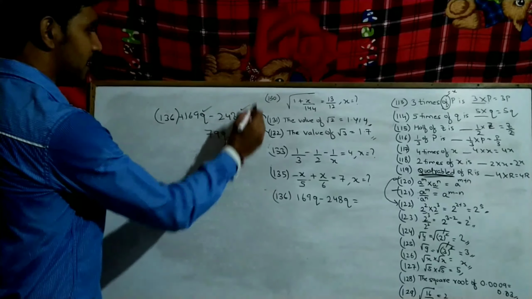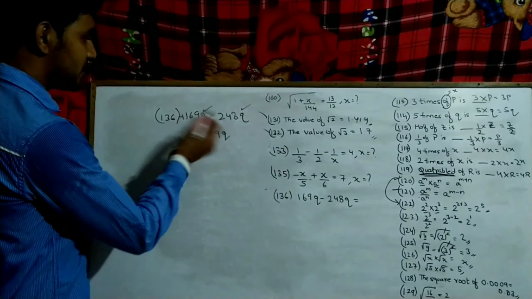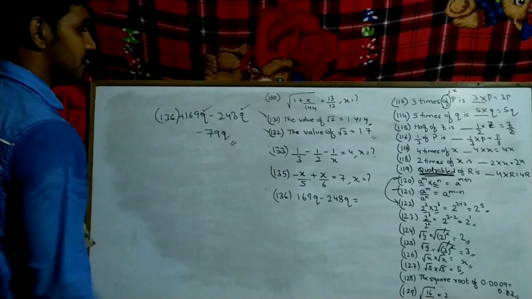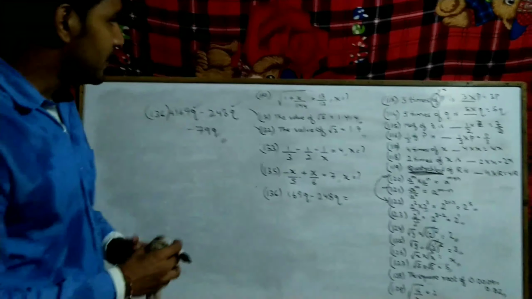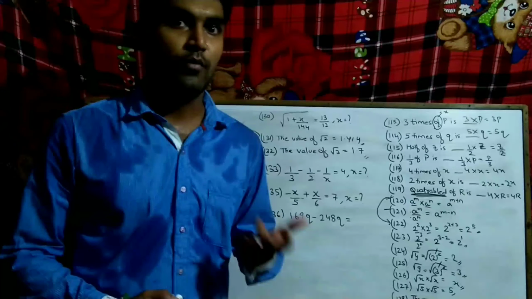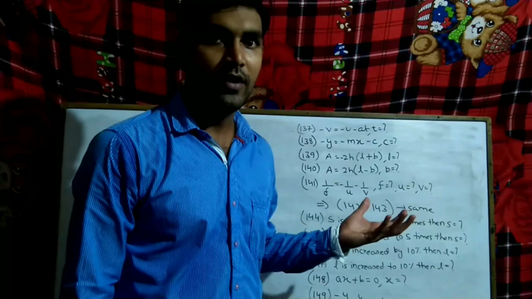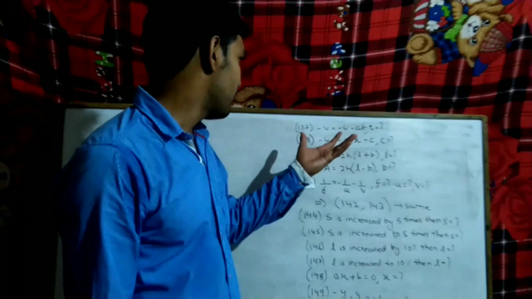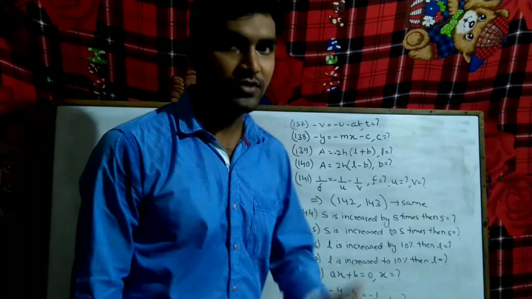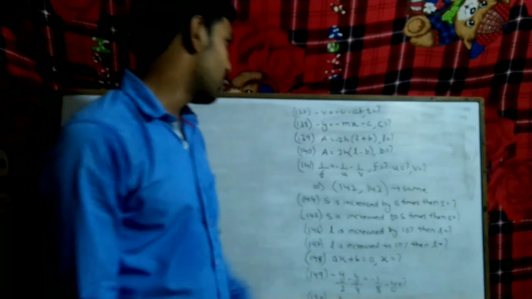Because both carry the same variable. Already we discussed. Now which sign will come? Minus sign will come. So this is the answer. Okay. See, we already completed up to 136. Now let's take more questions. Now let's take 137 to 150. This is the last video about basic concepts of integers. Let's start with 137.